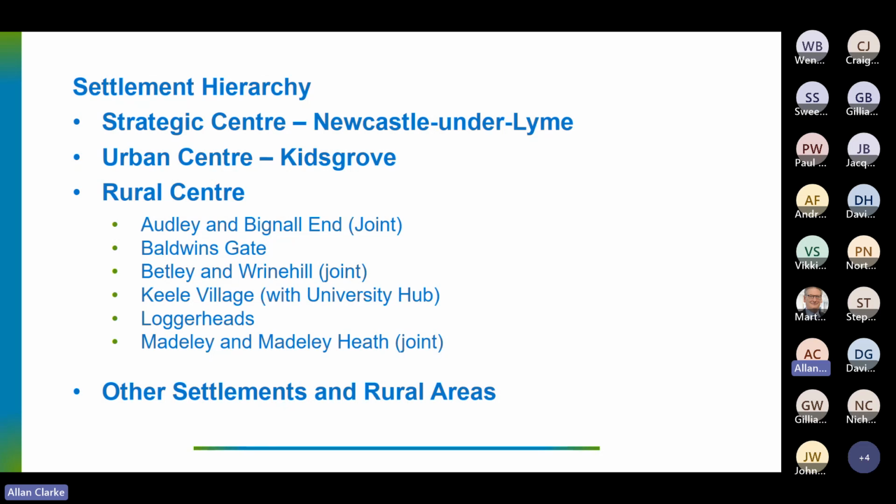And then below that, we've got the other settlements in rural areas. So anything that isn't a strategic centre, urban centre or rural centre falls within the other settlements in rural areas tier. And that isn't a particular focus for growth in this plan.